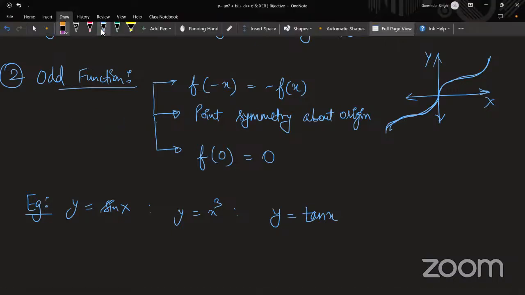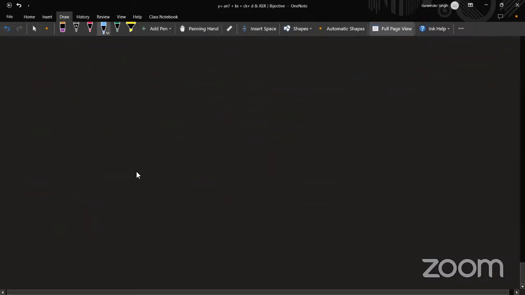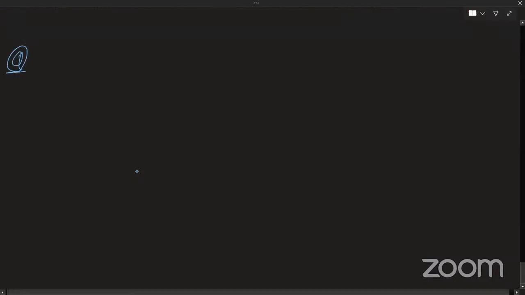Anyways. So just a small homework problem. Just find out whether the following functions are odd or even.